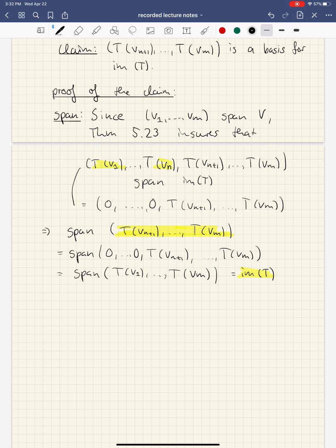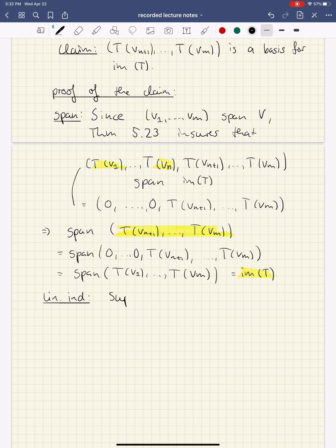Then let's go to linearly independent, the second part of this theorem. How do we start a proof that something is linearly independent? I cannot say this often enough.